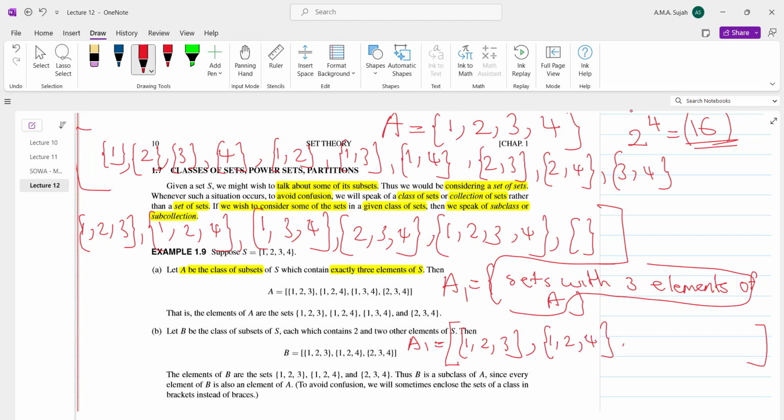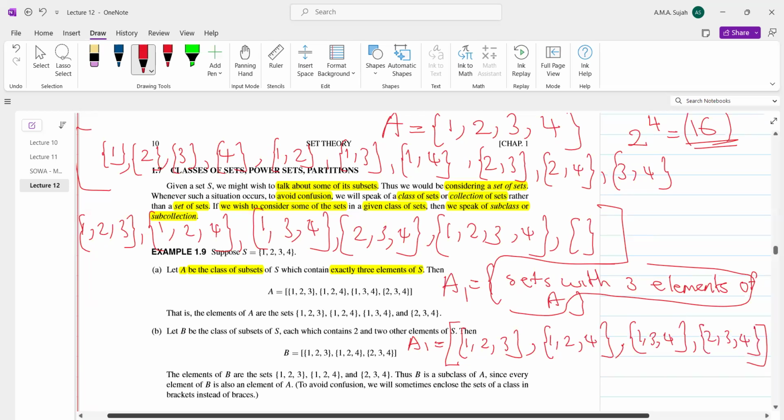This is the second element. Then {1, 3, 4} is the third element. The last one, {2, 3, 4}, is the fourth element. You cannot create more than these 4 elements of A1, even with a different combination, since each contains 3 elements. So this is A1.